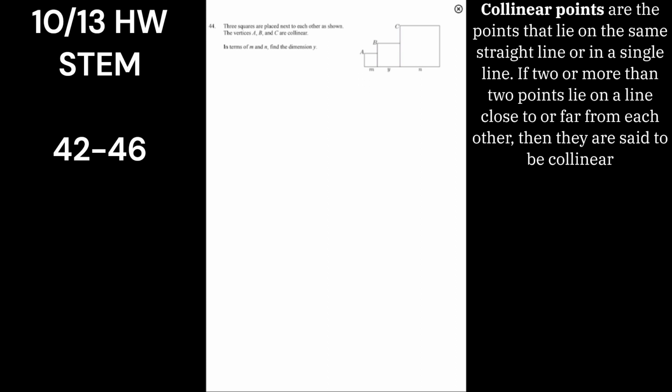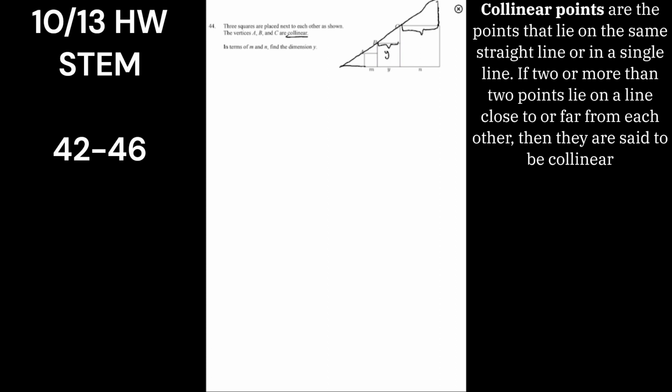Collinear, I'm going to write that also on the side. But I'm going to draw this real quick. I'm going to make this a triangle. So I'm going to redraw this shape a little bit, so we know this is also y.